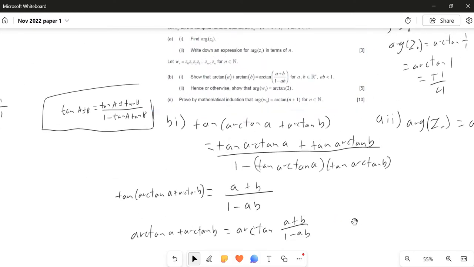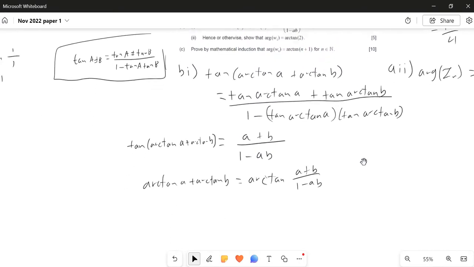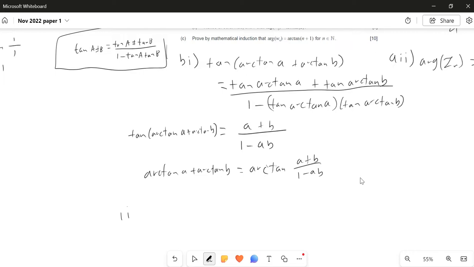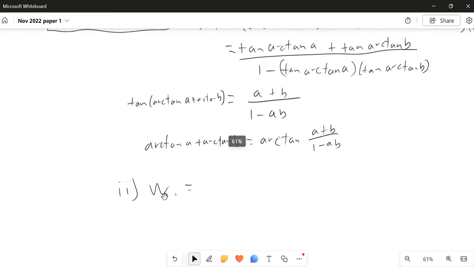Hence or otherwise show that arg w_1 equals arctan 2. So for arg w_1, first, w_1 can be shown here. So w_n is z_0 times z_1 times up to z_n. So w_1 is going to be z_0 times z_1.